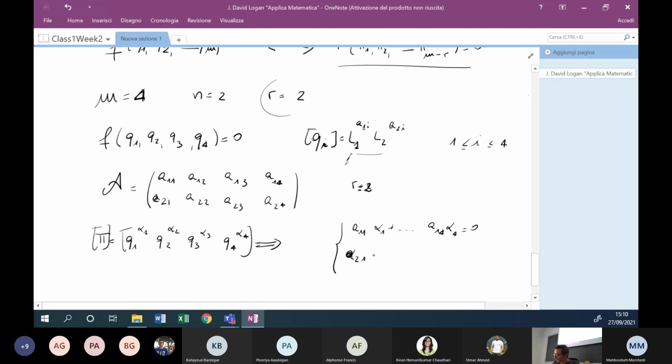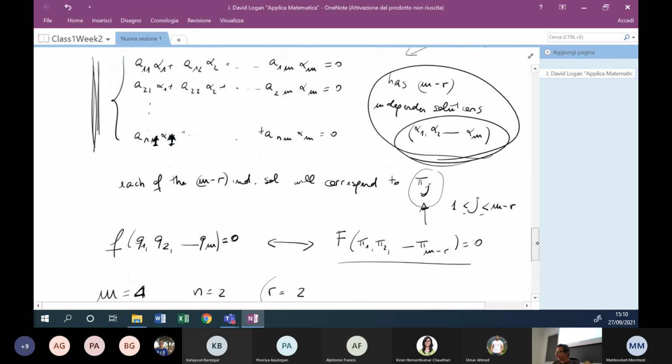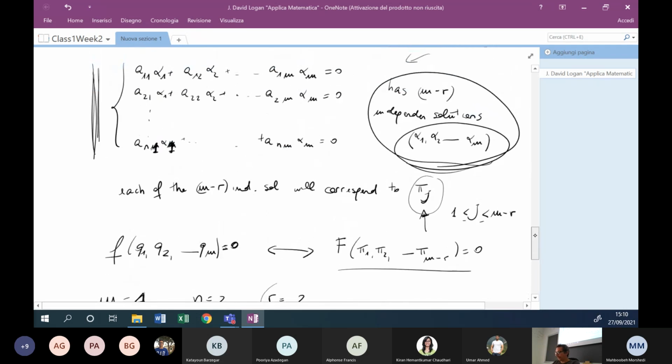So again, I found this linear system as I found the linear system here.